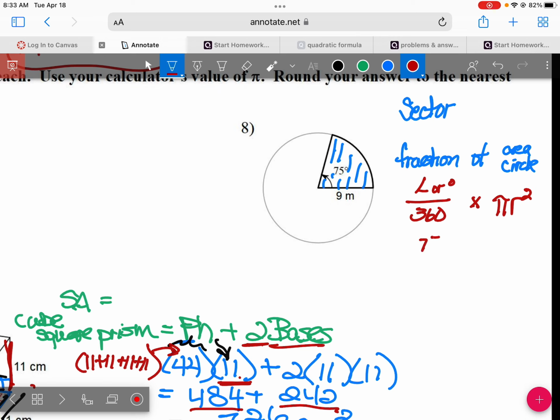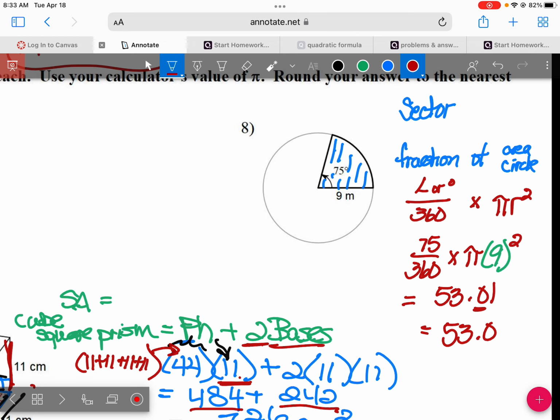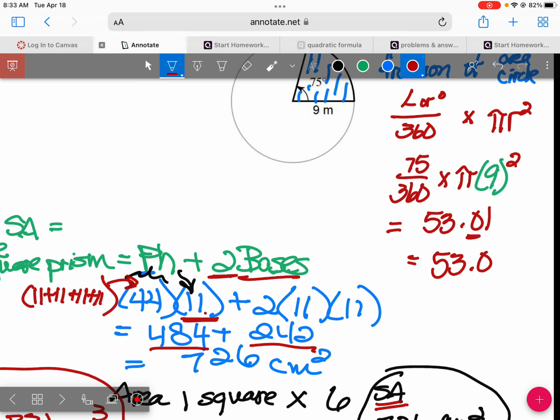So it would be 75 divided by 360 times pi, and what's my radius in this problem? 9. And then I would square that. Putting that all together, you should get 53.01. It tells you to round to the nearest tenth, which is 53.0 or just 53 meters squared.